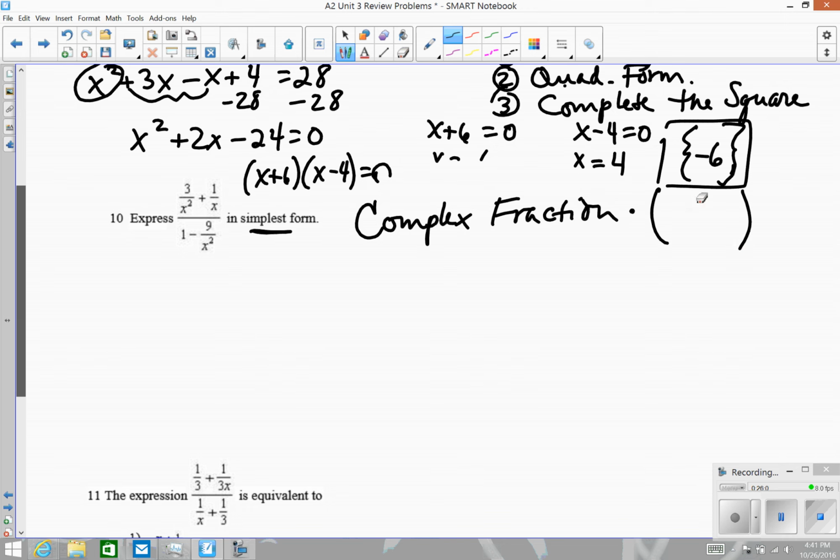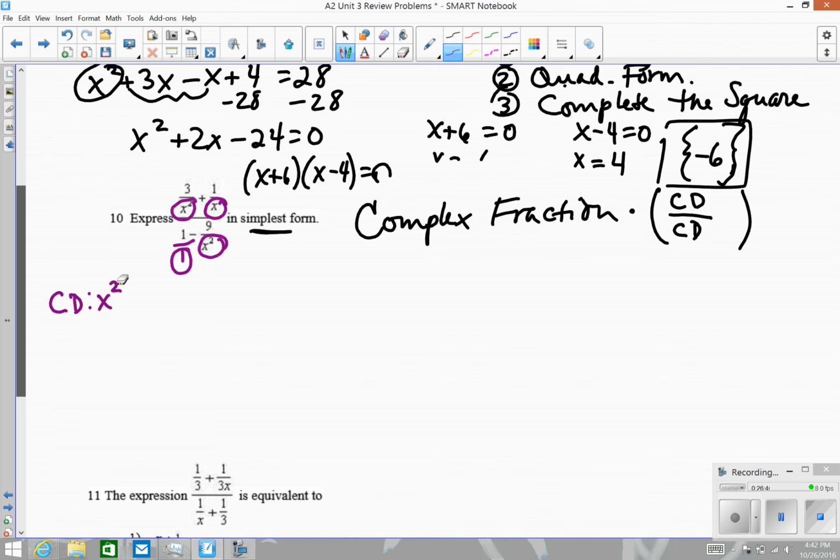And it turns out if I multiply this by whatever my common denominator is over itself, I will not change the value of my complex fraction, but I will simplify it. So I'm going to look at all of my denominators here. X squared, x. This has got a denominator of 1, and I've got an x squared here. If I look at all of those, my common denominator is going to be an x squared.